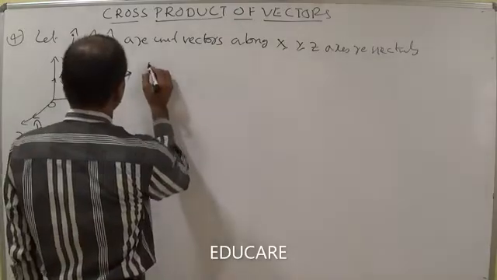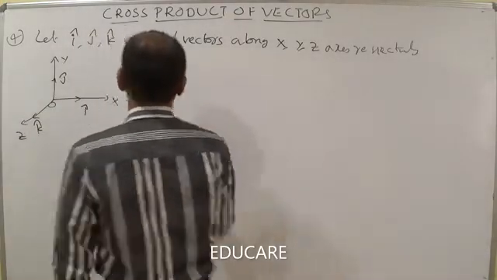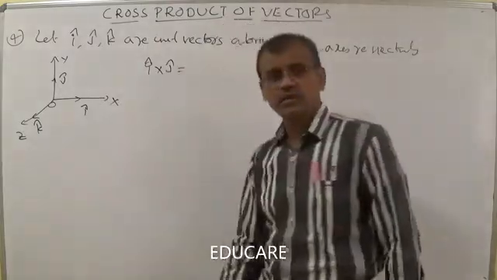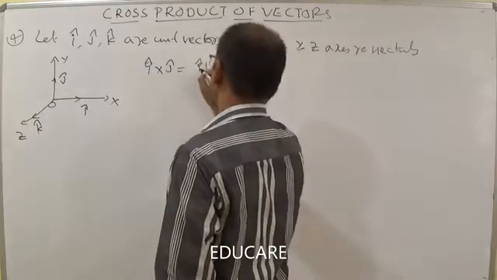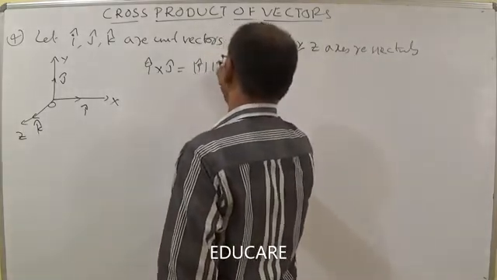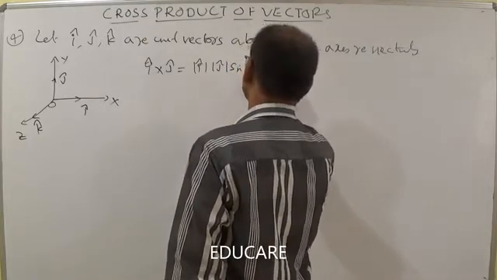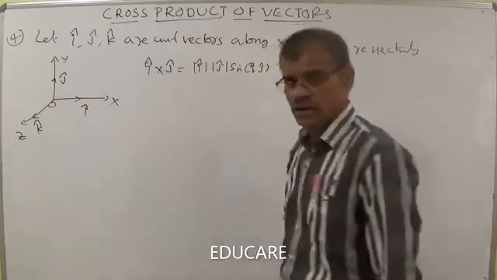Now we are discussing i cross j. By the definition of a cross b, the modulus of i cap into modulus of j cap into sine of the angle between i and j, along with the unit normal vector n.